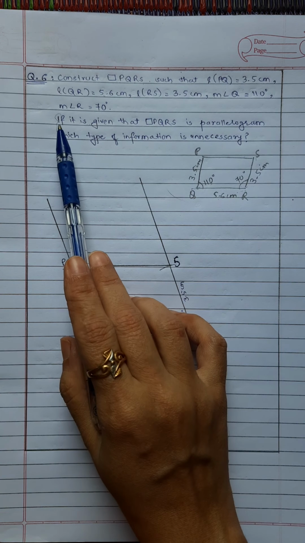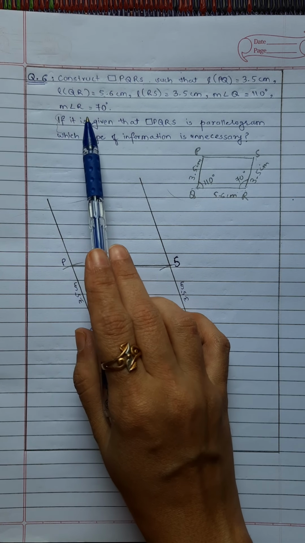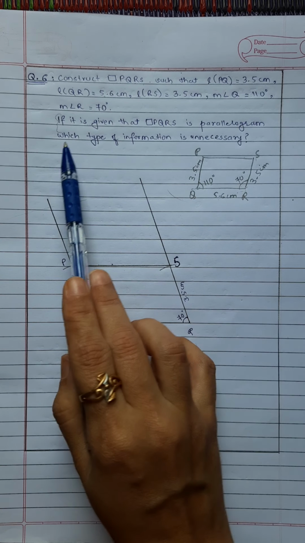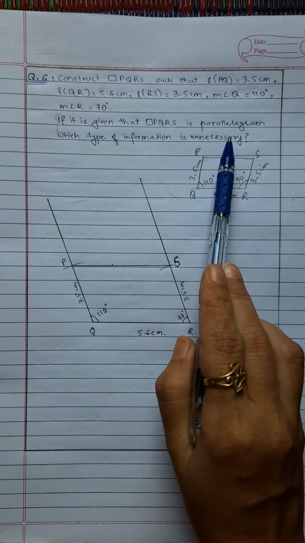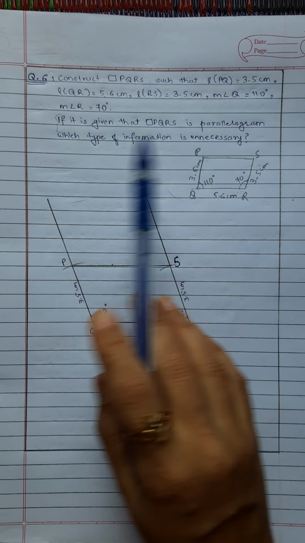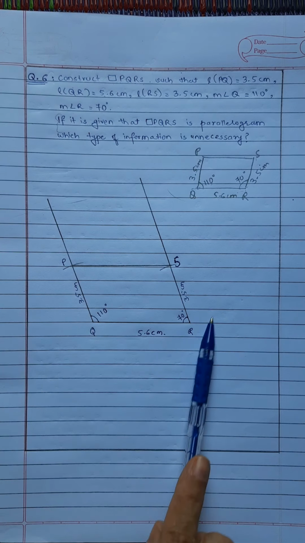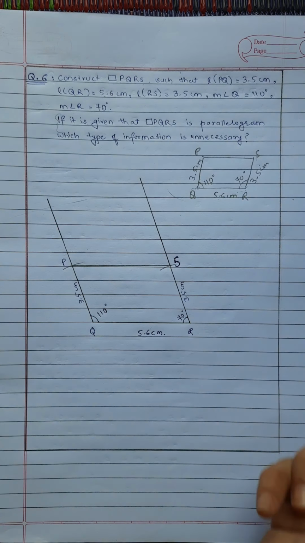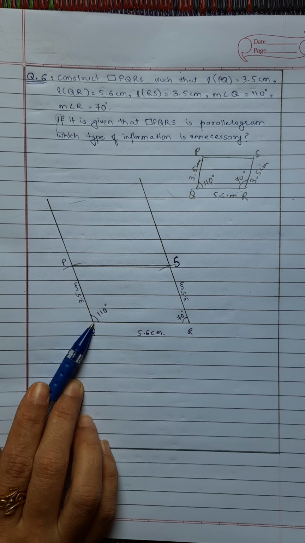The other question asked in this same is, if it is given that quadrilateral PQRS is a parallelogram, which information is unnecessary? It is actually possible to construct the parallelogram if the adjacent sides and the included angle's measurement is given.